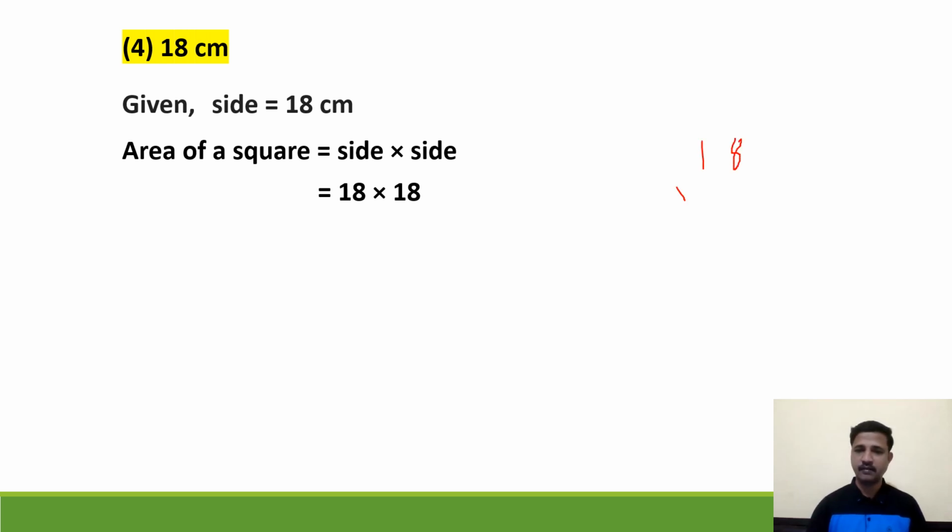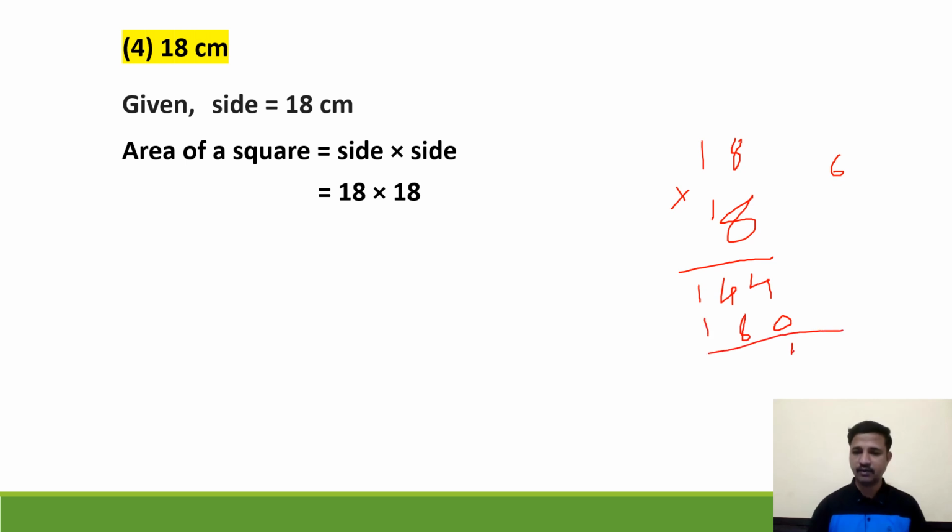18 multiply 18. 8 eights are 64, correct. 8 ones are 8, 8 plus 6, 14. Correct. Then 0, 1 eight is 8, and 1 one is 1.